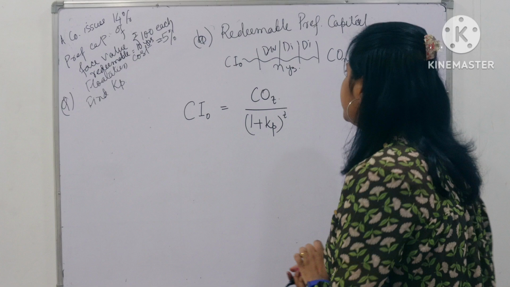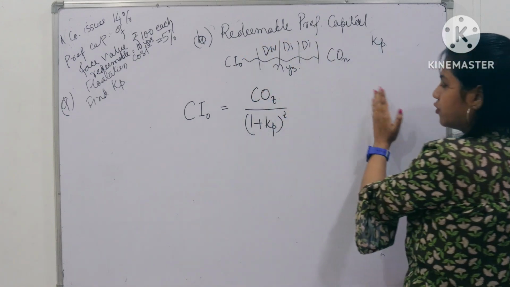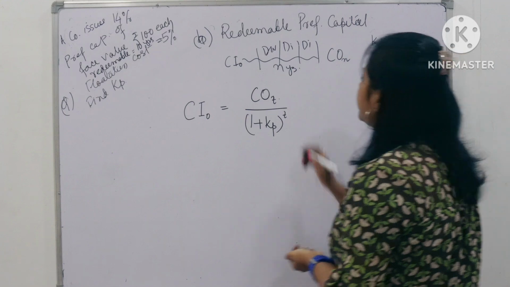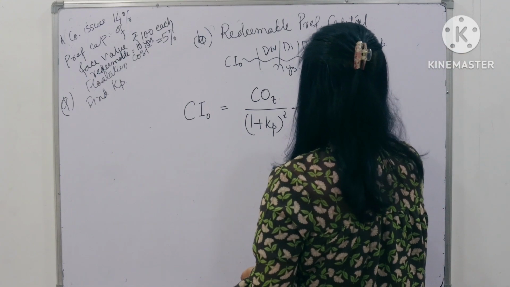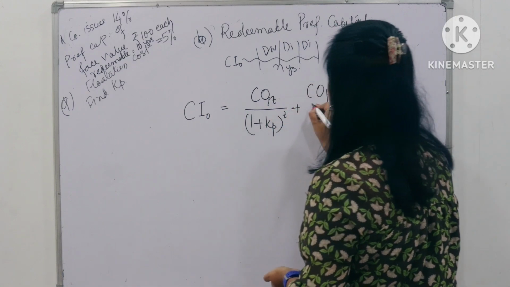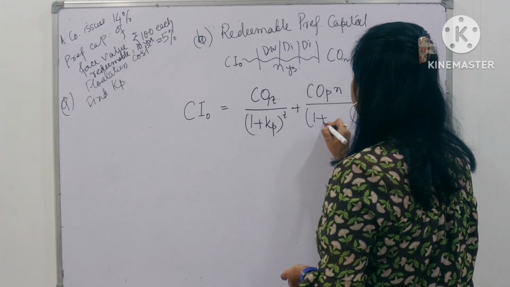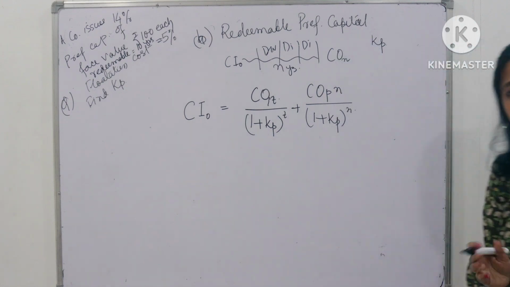For all the years you have an outflow, and you discount it, plus at the end of the nth year you pay the principal. This is what we have seen last time also.